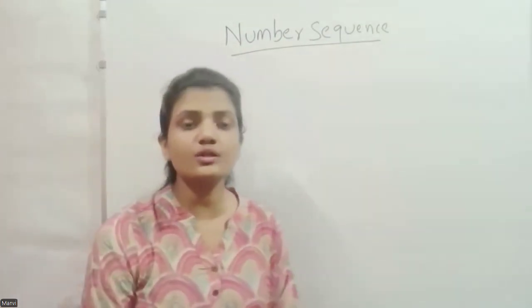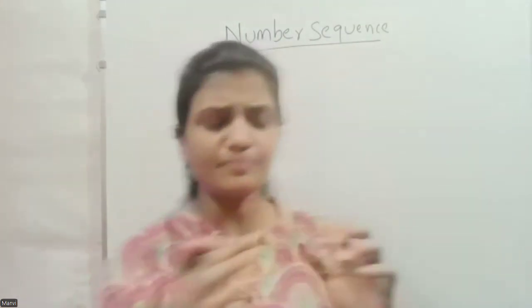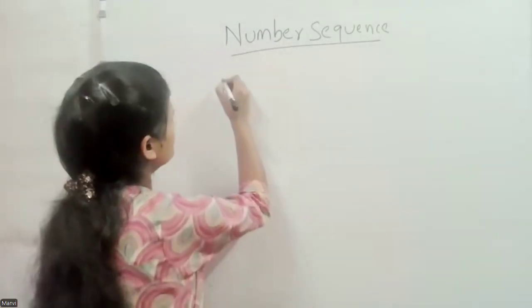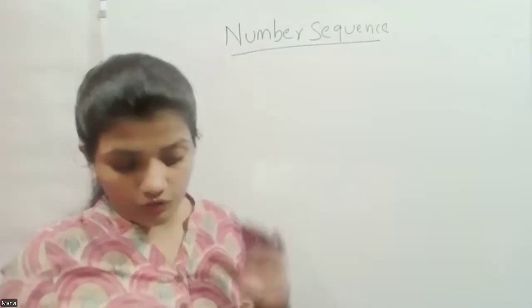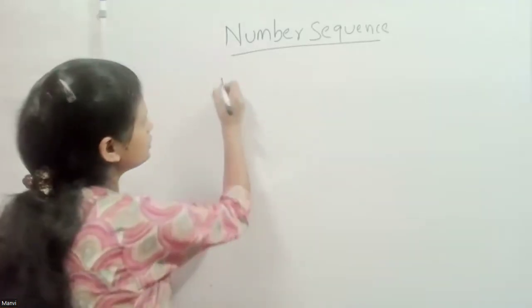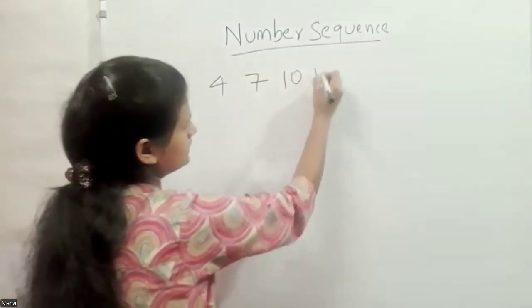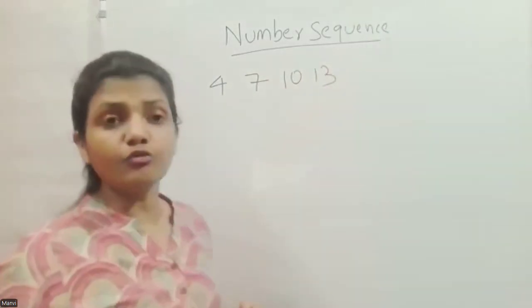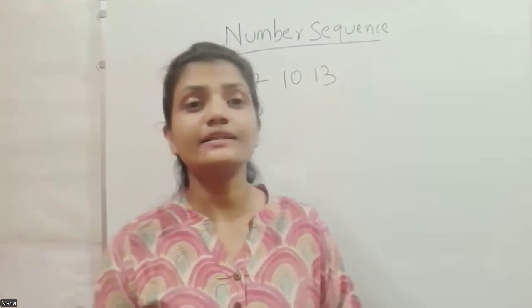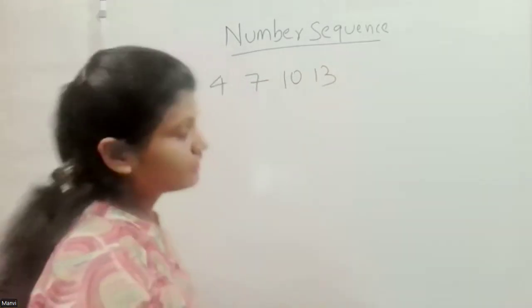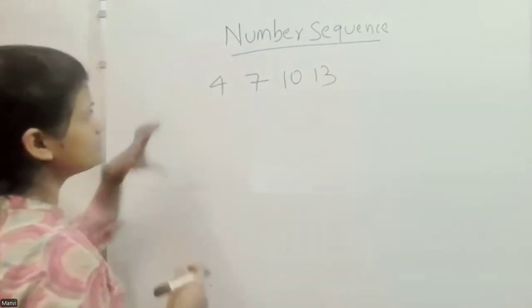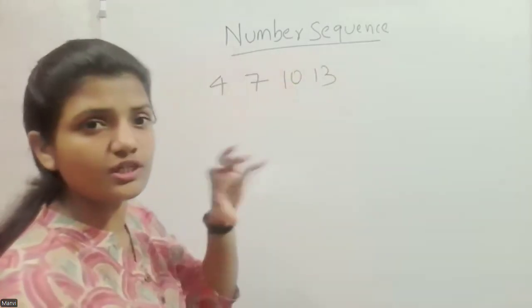Yeah. So a number sequence is simply a sequence of numbers which always follows a rule. So if we write 4, 7, 10, 13, our work is to check that this number sequence always follows certain rules.